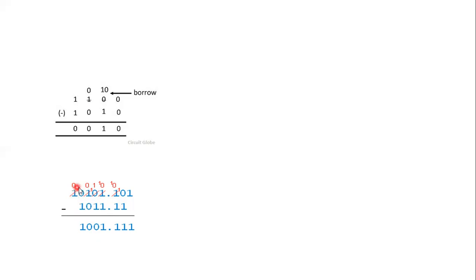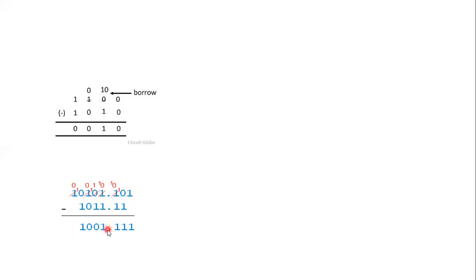Then 0 minus 1. We borrow from this digit. So 1. So this digit becomes 0. Okay. So 1 minus 0 is 1. Here borrow. So 1. This digit becomes 0. Again it is a borrow. So 1. This digit becomes 0. Then 0 minus 1. Again borrow.